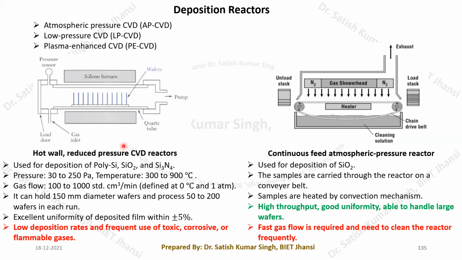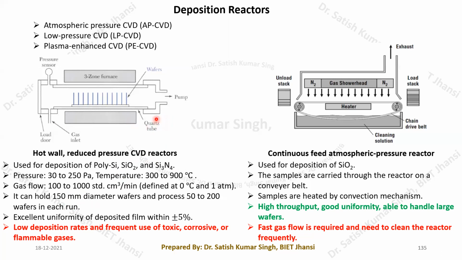You can see that this hot wall reduced pressure CVD reactor is generally used for deposition of polysilicon, SiO2, and stoichiometric silicon nitride. So these three things we can deposit by using this hot wall reduced pressure CVD reactor. One more thing: it can hold 150 mm diameter wafers, and it can process 50 to 200 wafers.